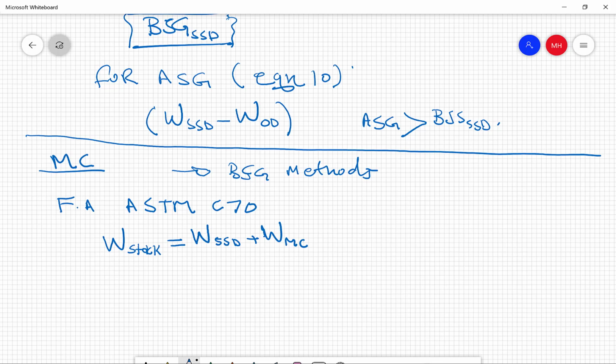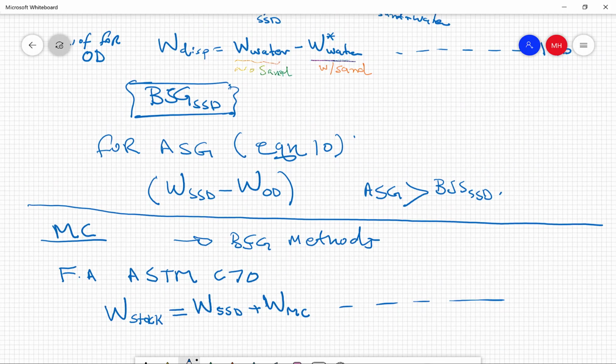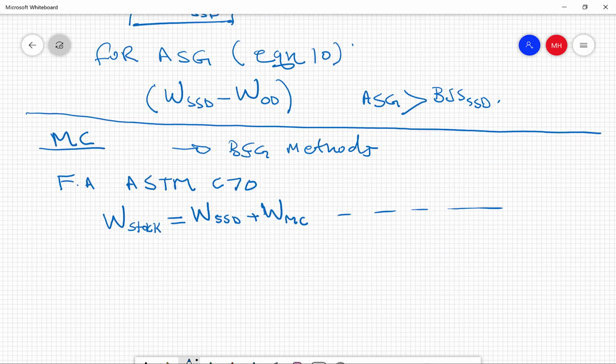Let's give this equation number 15. This value here could be either positive, meaning it's wet, or negative, meaning it's in air dry condition.